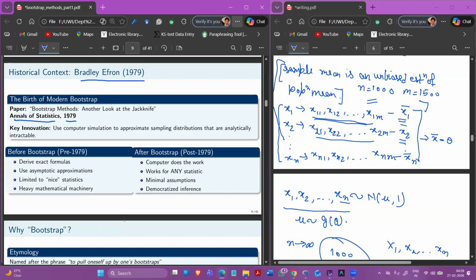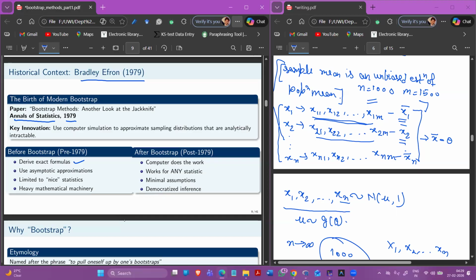We had only derived exact formulas like sample means and sample variance. Before that, we couldn't find the standard error of a ratio or other quantities, or an asymptotic confidence interval when we have only one sample.